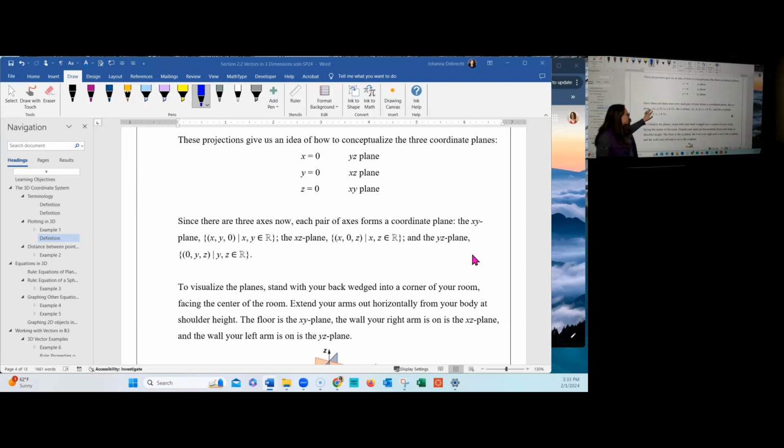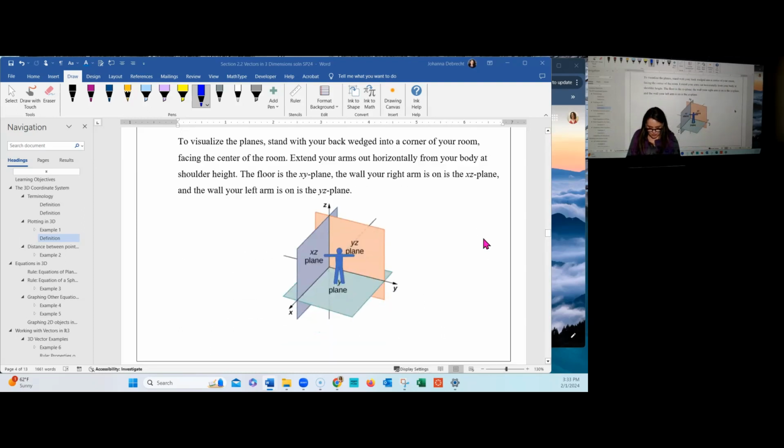So the XY plane is the set of all ordered triples, (x, y, 0), such that x and y are real numbers. And then the definition of the XZ plane and the YZ plane follow from there. Now, if you want to visualize the planes, I've got a picture here to help you visualize.